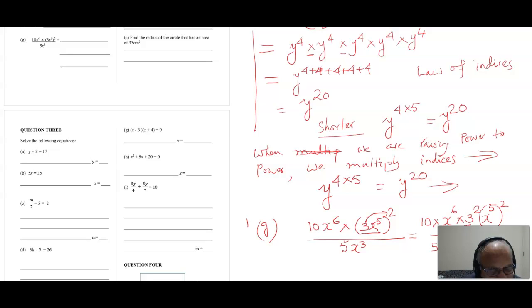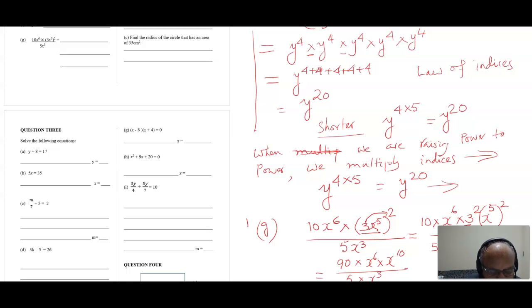Now this will give me 3 times 3 will give me 9, and 9 times 10 is 90. I'm not going to write all those stuff. So x to the power 6 times x to the power 5 to the power 2. So that'll be 5 times 2 is 10. So that'll be x to the power 10. And then 5 times x to the power 3.